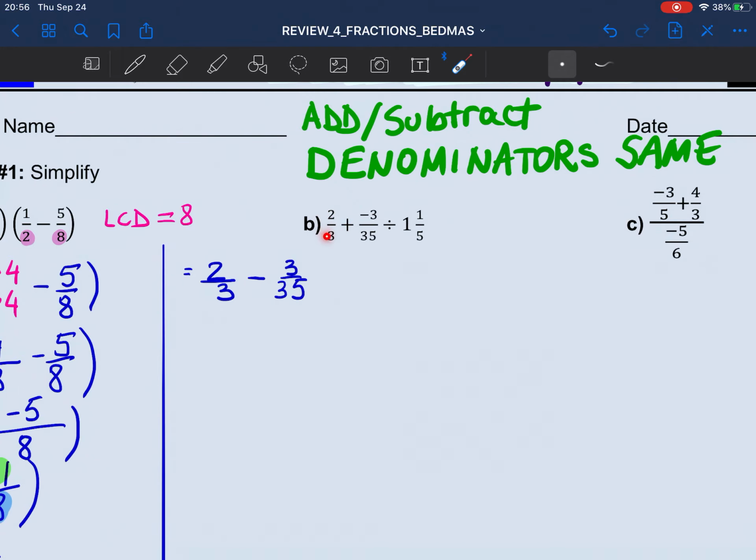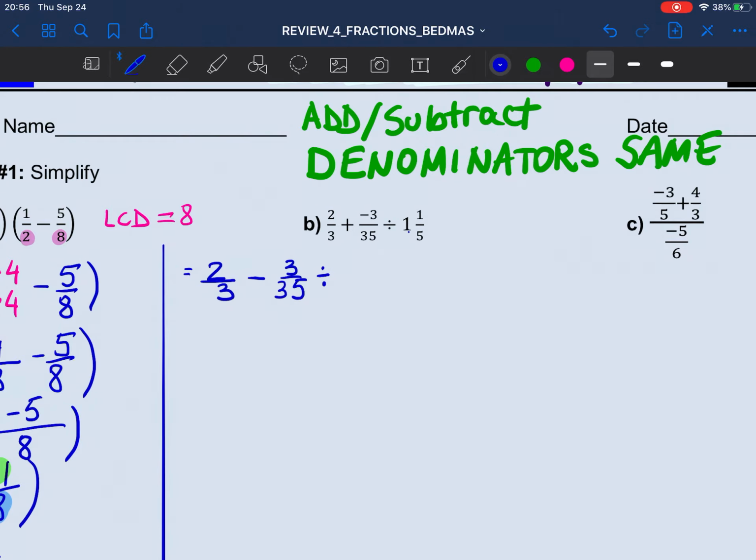What we have in here is a proper fraction, 2 over 3, a proper fraction, 3 over 35, and this is a mixed number. The numbers need to be in the same shape for them to communicate with each other. So we're going to convert the mixed number into a fraction.